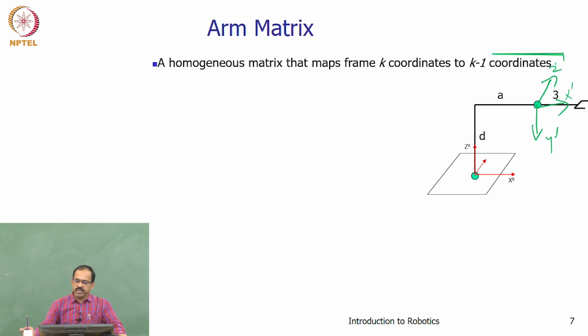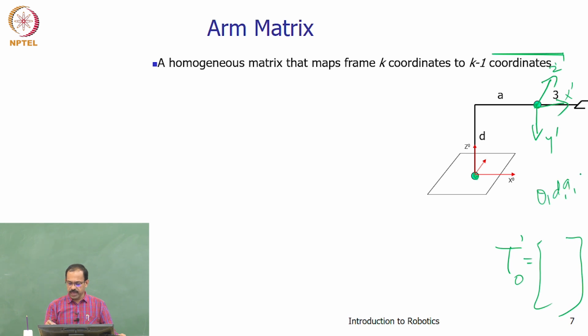The relationship between these two coordinate frames can always be expressed as a function of these parameters, and therefore the relation between these two coordinate frames can be represented using a transformation matrix, which will be 1 to 0. I can find a homogeneous transformation matrix which relates this coordinate frame to this coordinate frame, and that can be expressed using these four parameters theta, d, a and alpha.